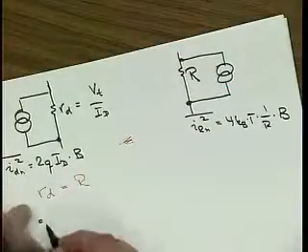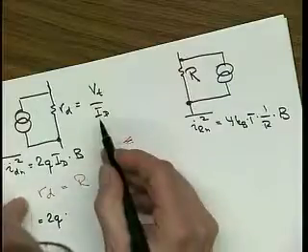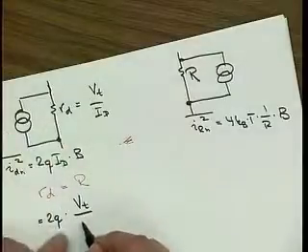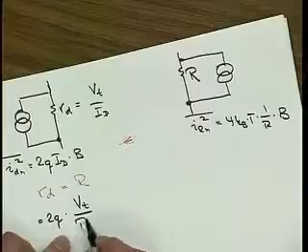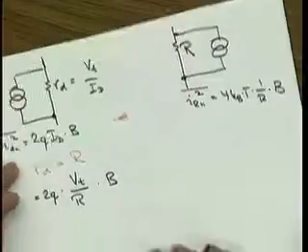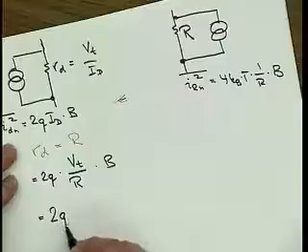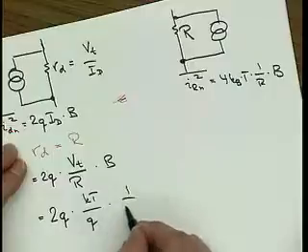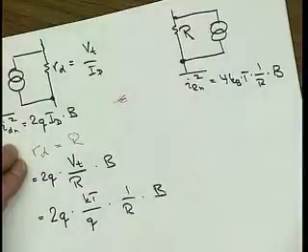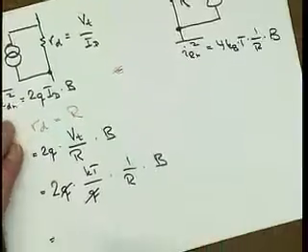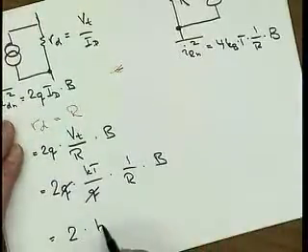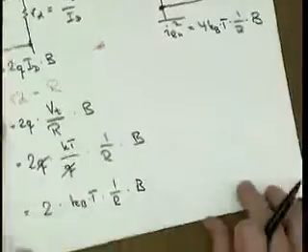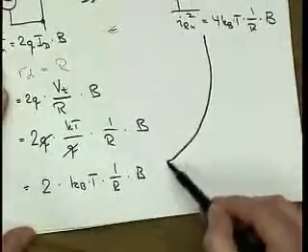Then we can rewrite this 2q times ID, which is equal to VT over RD, and VT over RD is also equal to VT over R. So now I can write this as 2 times q times kT over q times 1 over R times B. This is equal to 2 times kB times T times 1 over R times B. Now we compare.